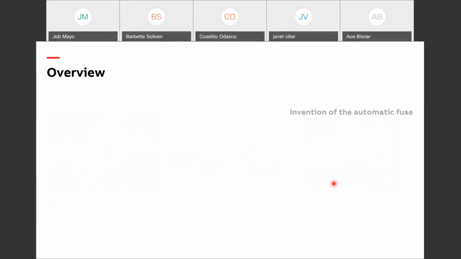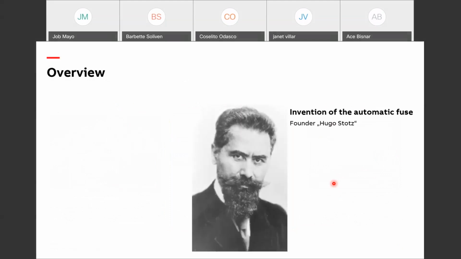So just to give you an overview, a quick history of how we came up with the miniature circuit breaker. It started with the invention of the automatic fuse by Mr. Hugo Stotz.